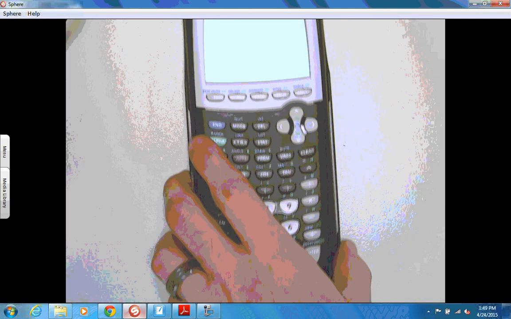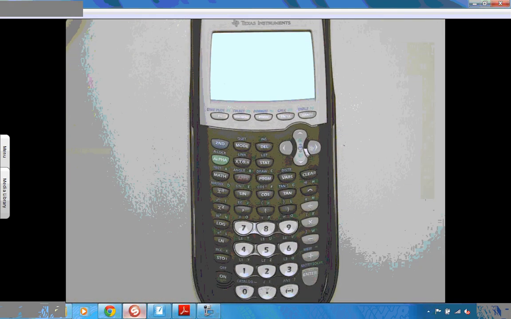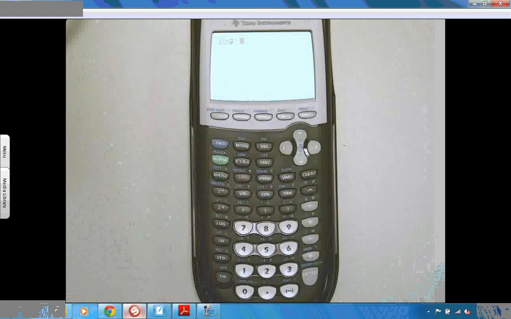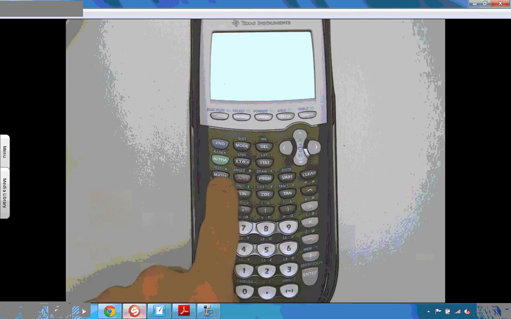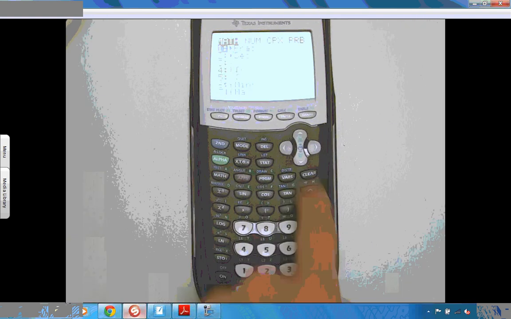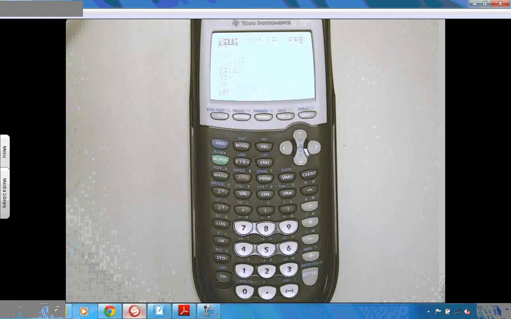On the new calculators, if I want to do log base 5 of 8, I can't hit that log, because that's log base 10. Useless to me. However, on the new ones, if I go to math, and I go to option, I think it's A. Yeah, option A that you can't see.